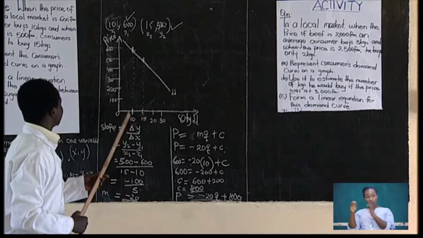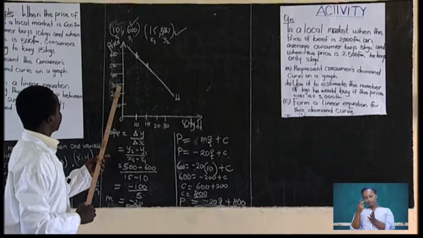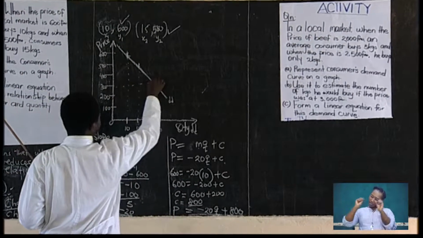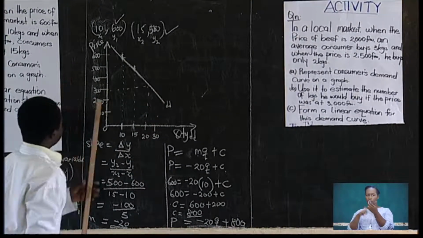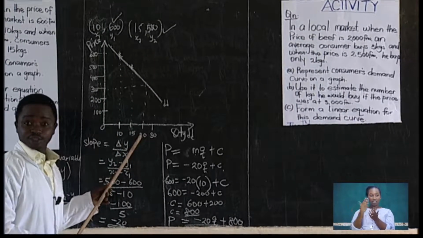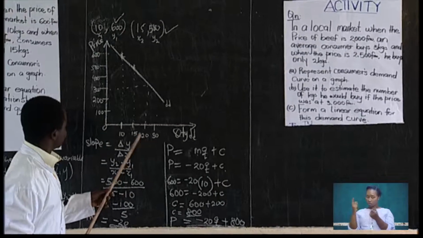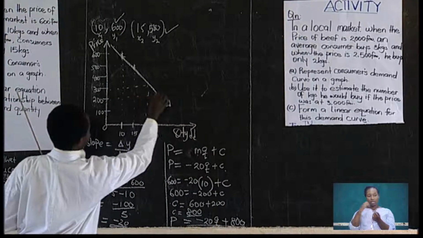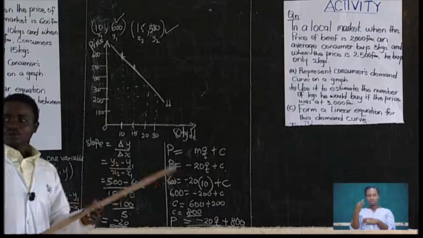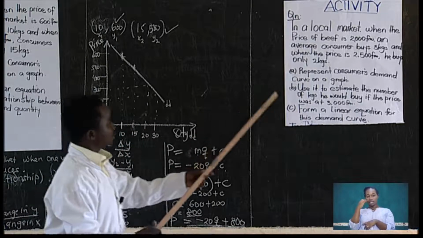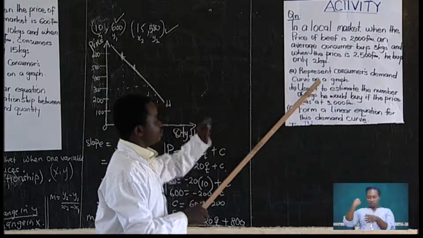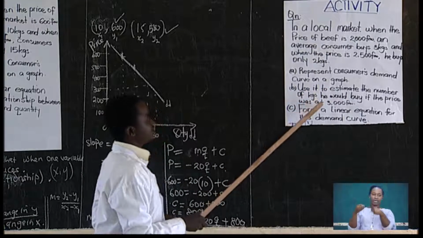For example, if price was 300, what would be the quantity? You can estimate from the graph. If price was 300, quantity demanded is 20. If price was 200, it is 30. Likewise, you will use your graph to estimate the quantity demanded of the commodity given the price 3,000.